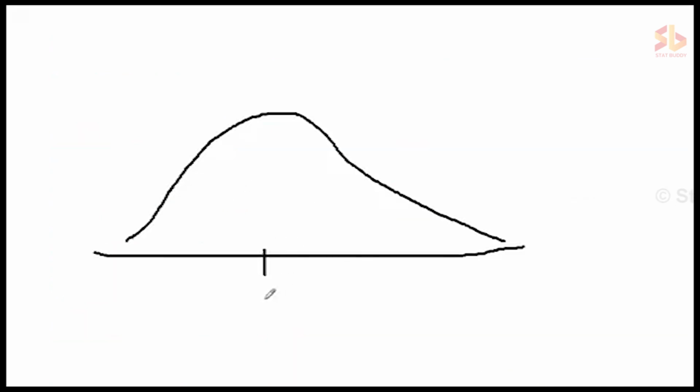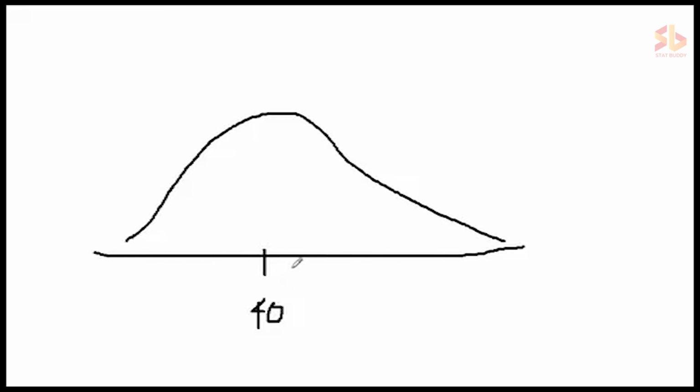Now this is 40. So in H1, the alternative hypothesis, it is less than 40, which means the actual value of this parameter, the average value, should lie in this region.